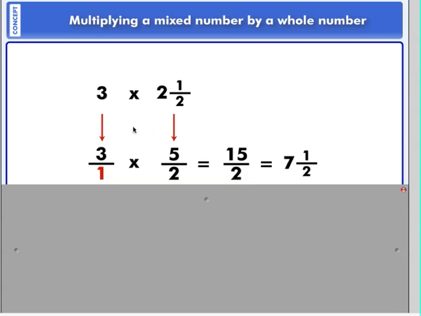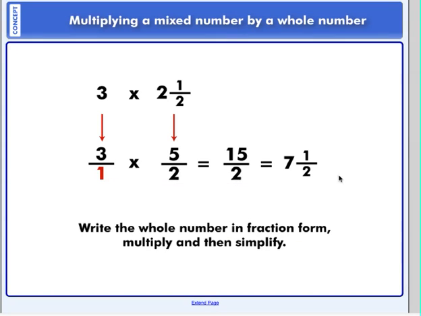Then you can multiply. 3 times 5 is 15, 1 times 2 is 2, so 15 halves is your answer, but it needs to be simplified. 15 divided by 2 is 7, with a remainder of 1/2. So remember, write the whole number in fraction form, write the mixed number in fraction form, multiply, and then simplify.